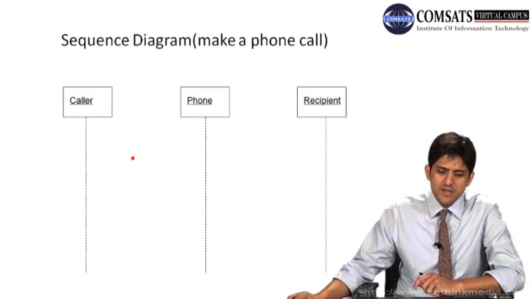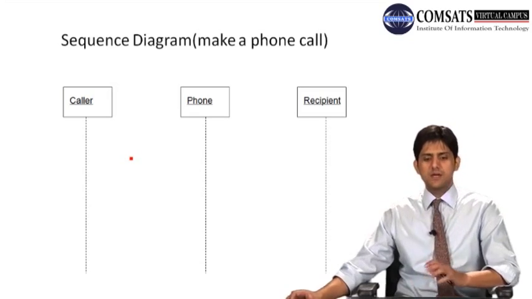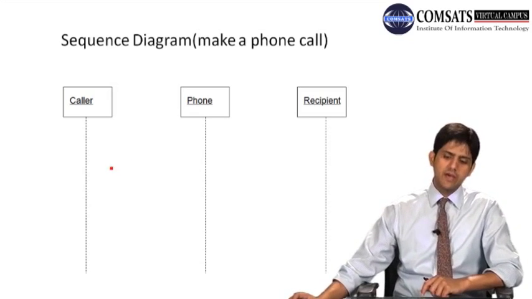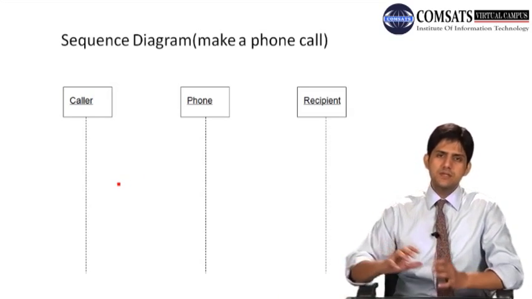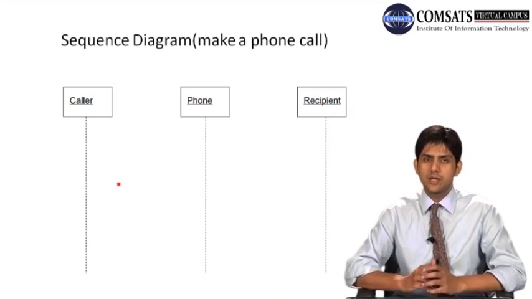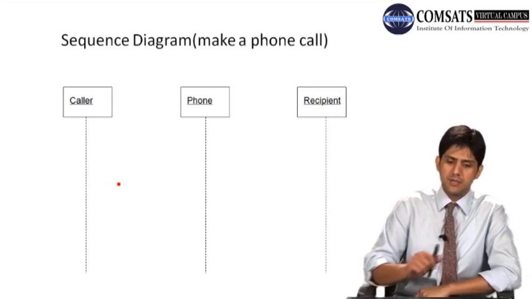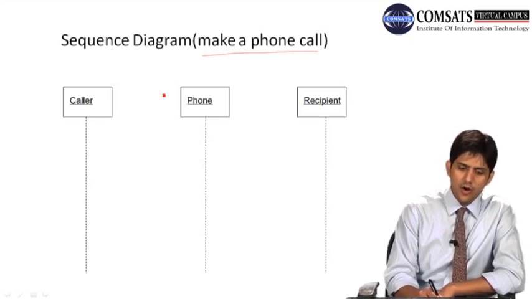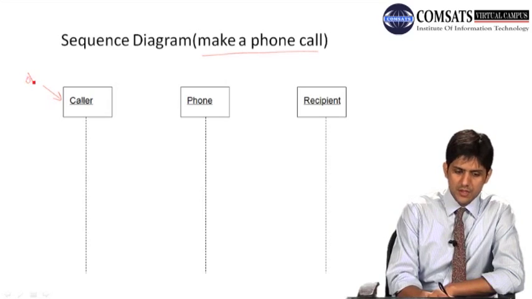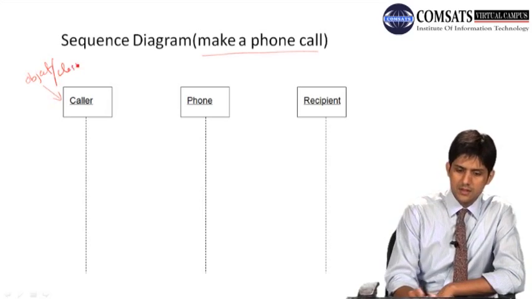Okay ji. Now this is a very simple system sequence diagram example where we have a caller, and the scenario that we are trying to draw in this particular diagram is making a phone call. These are the objects that are involved in this. So we have this particular object, or let's say class.